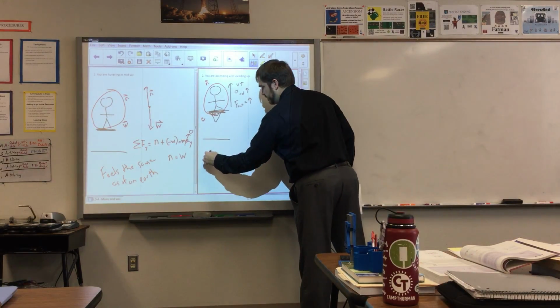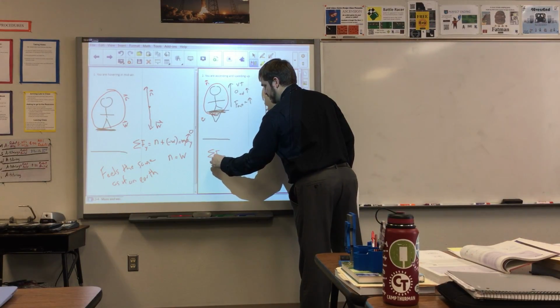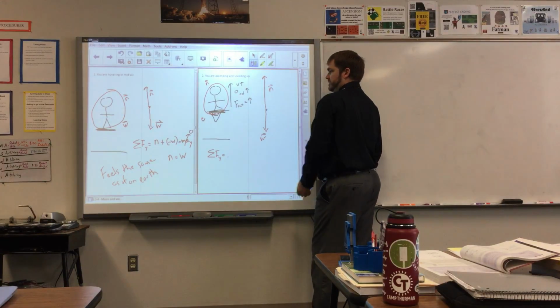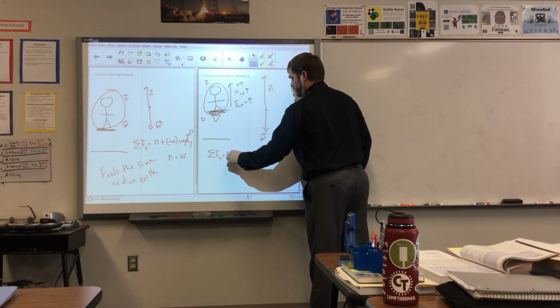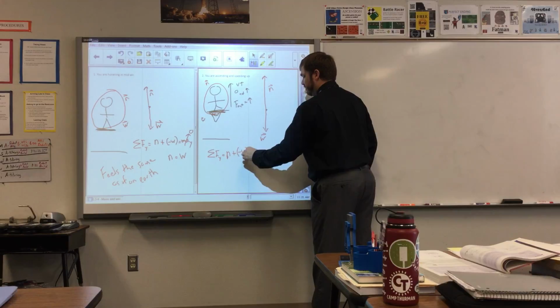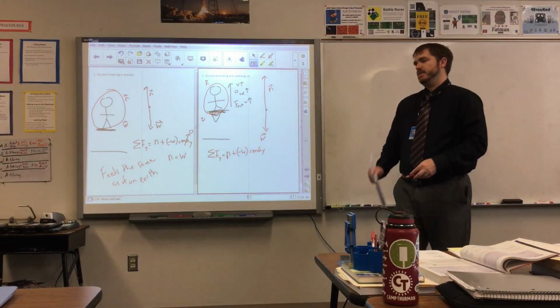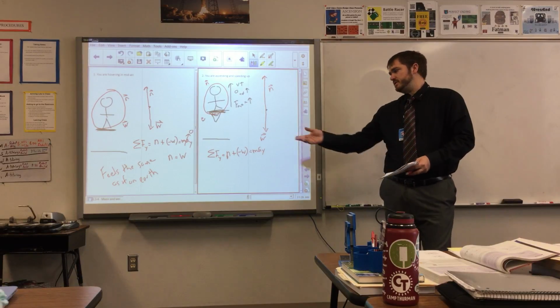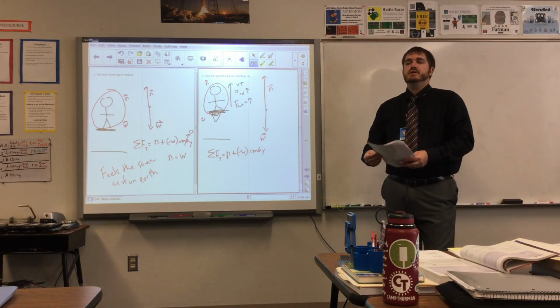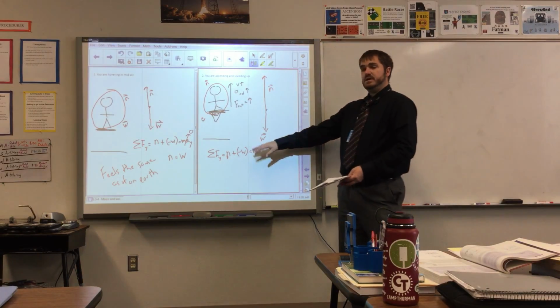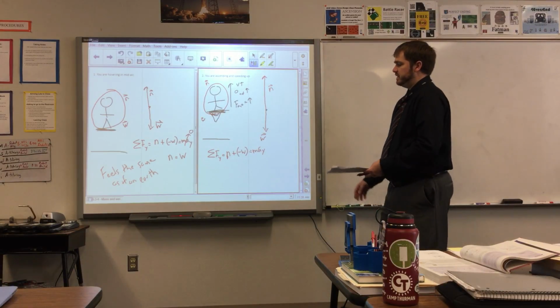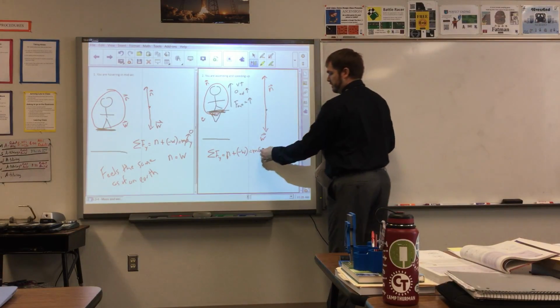Newton's second law, summation of forces in the y direction. It's the same as before. Normal plus negative weight equals mass times acceleration in the y direction. Is there acceleration in the y direction? Yes, there is. So this term does not go to 0. I'm just going to leave it as mass times acceleration in the y.